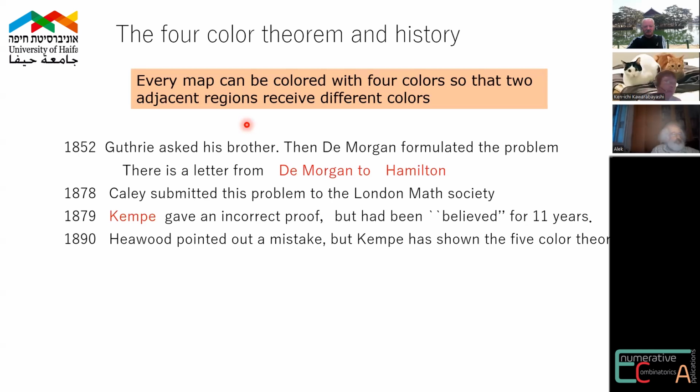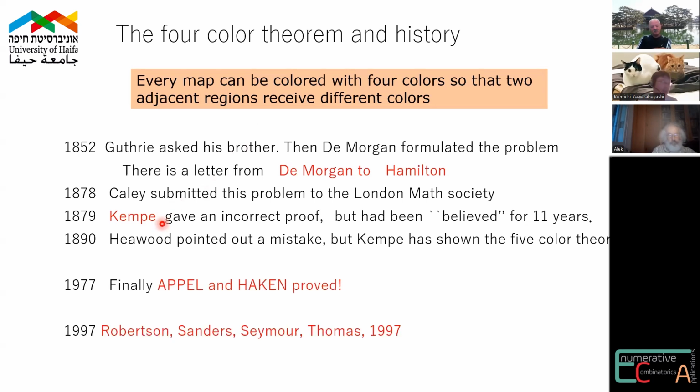Since then it was open, and it was finally proved by Appel and Haken. Today we also talk about Robertson, Sanders, Seymour and Thomas, who gave a shorter and, in many senses, better proof.